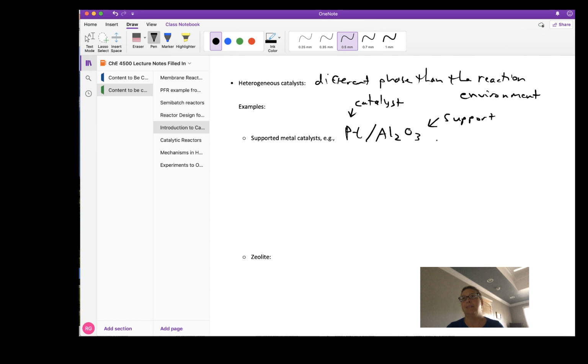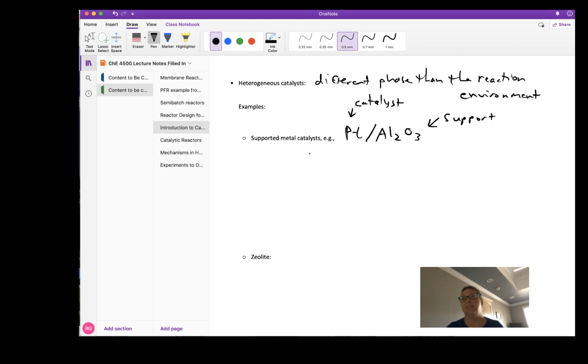What reason do you think that we would have a support? What's the purpose of having this alumina? So the reason to have the support is to increase the surface area and also to spread the platinum atoms out. So platinum is very expensive. So if I have just a chunk of platinum, there's a lot of platinum atoms.